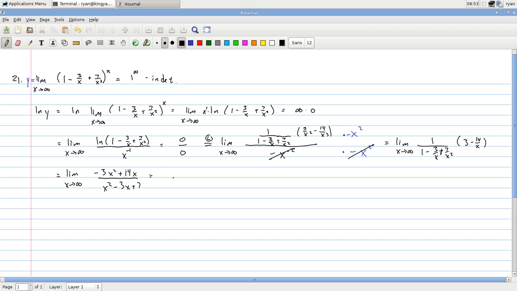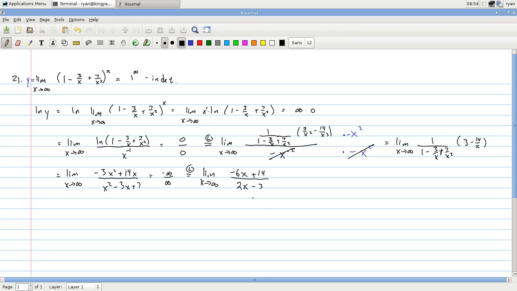Evaluating this by direct substitution, we've got negative infinity over infinity, so we can use L'Hopital's rule. We rewrite the limit as x goes to infinity of the derivative of the numerator, negative 6x plus 14, divided by the derivative of the denominator, 2x minus 3.